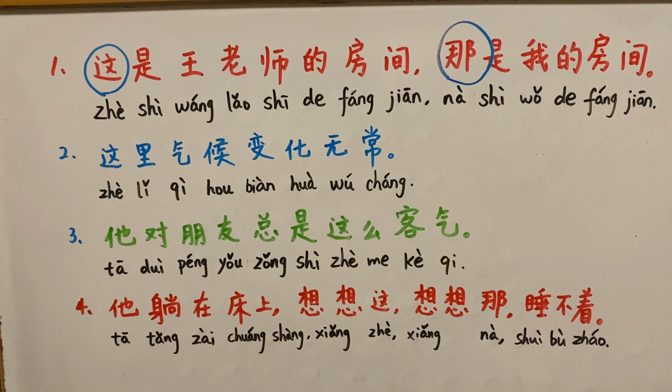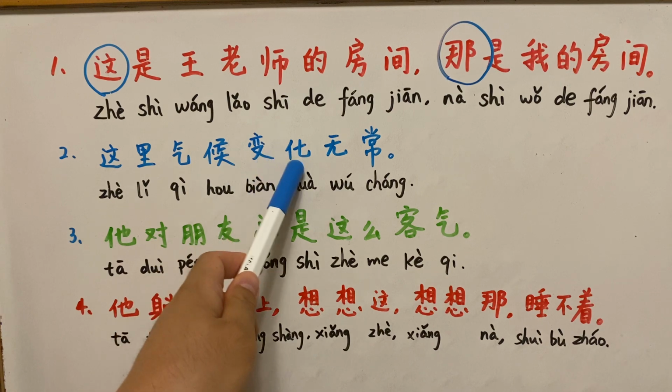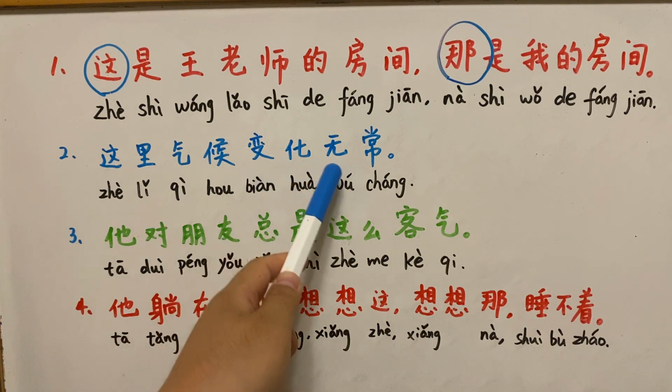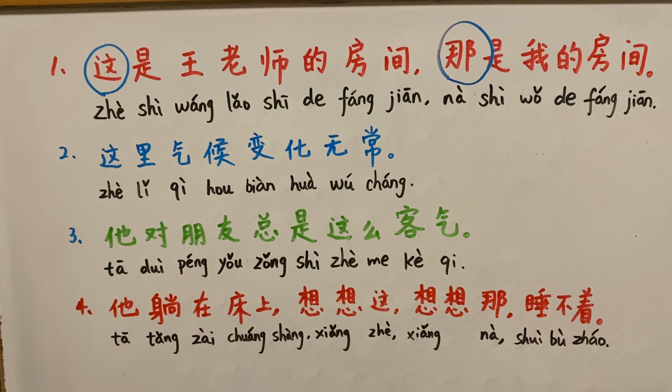Being polite. 变化无常 is a four-word phrase in Chinese. We call it 成语. 成语 means a four-word phrase coming from thousands of years ago. 成语变化无常, changing all the time.